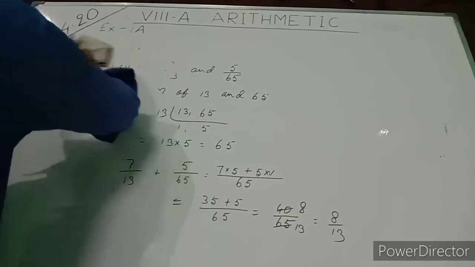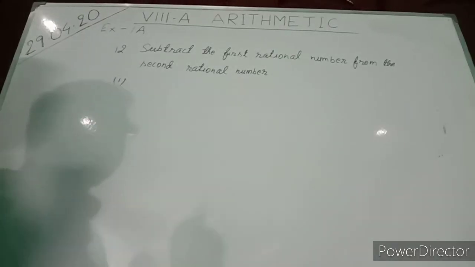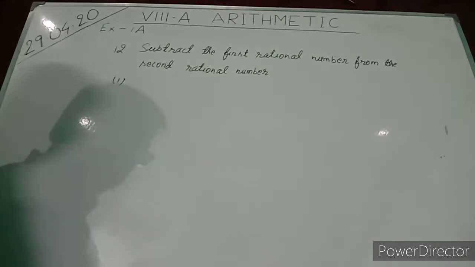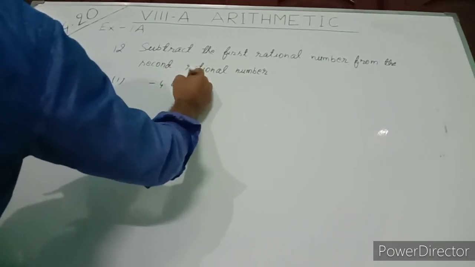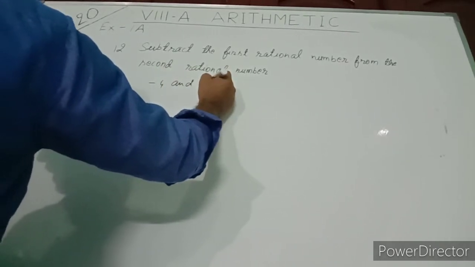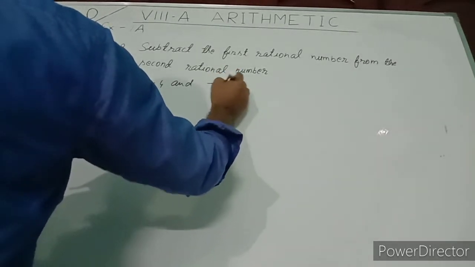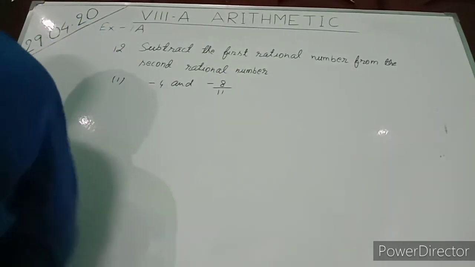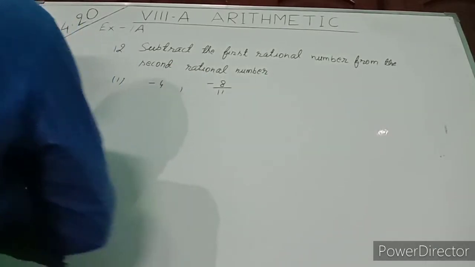Now question number 12. Subtract the first rational number from the second rational number. Those two rational numbers are given in Roman number 1 as minus 4 and minus 8 by 11. A comma is given in the question.